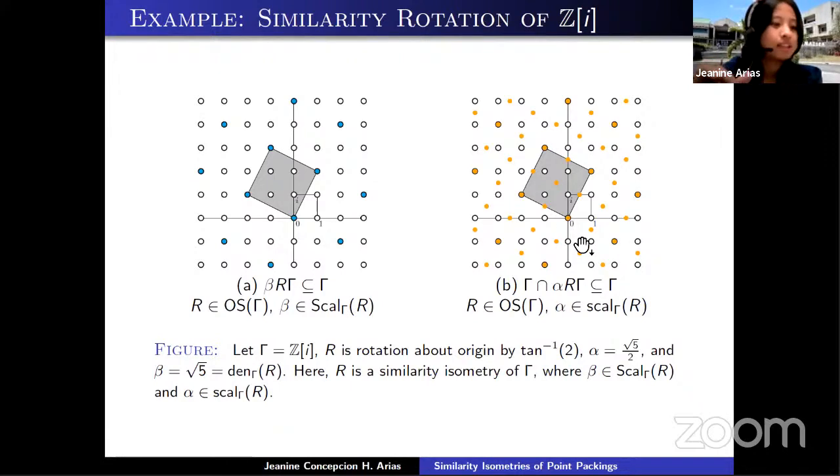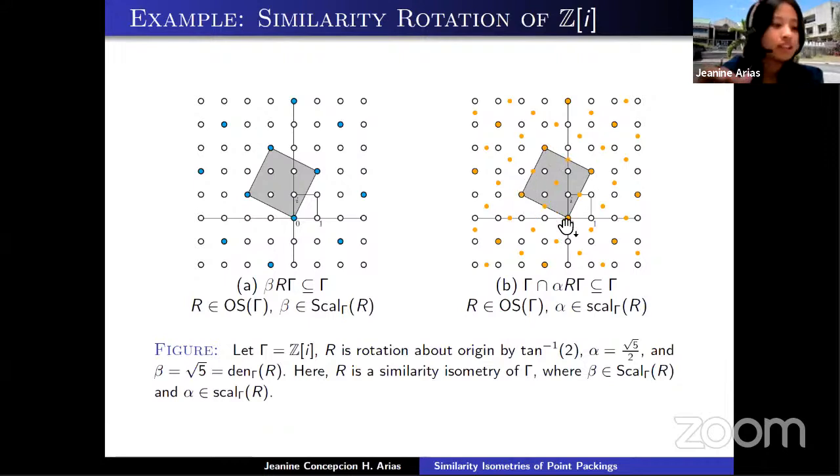Meanwhile, for letter B, the transformed copy has points that do not intersect the original lattice. So in this case, the intersection of gamma and alpha R gamma is the one that forms a sublattice of gamma. The intersection of gamma and alpha R gamma is represented by the intersection of the orange and the white dots.